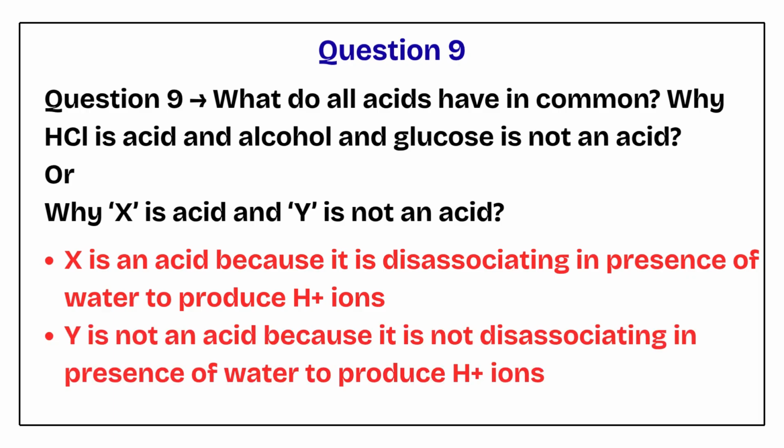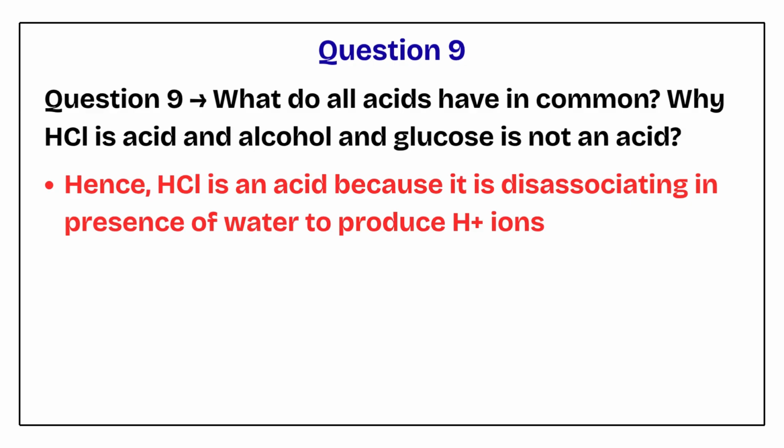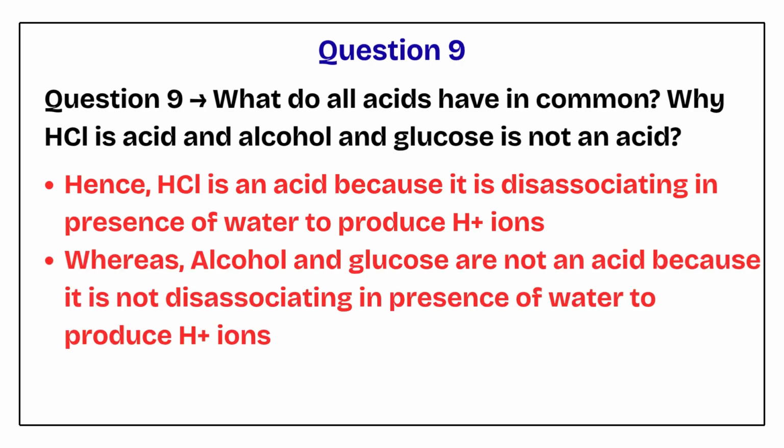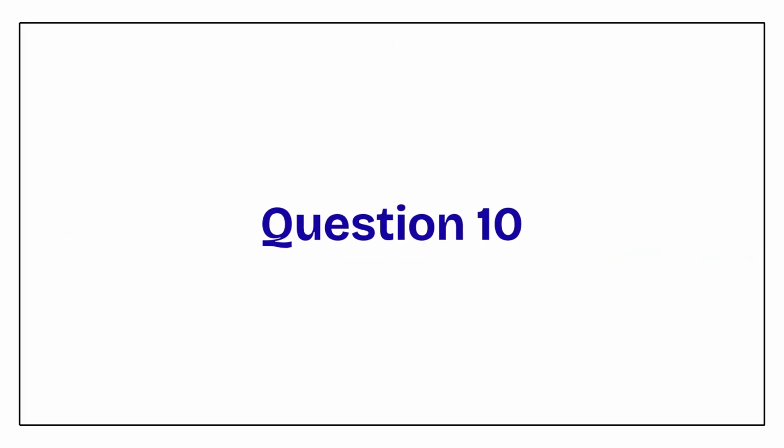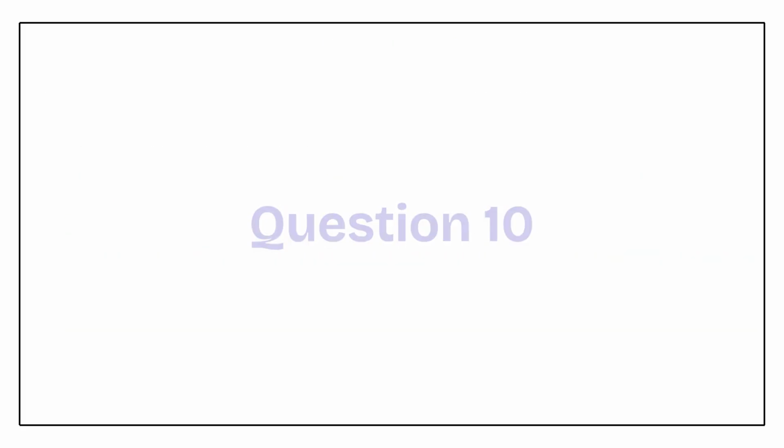And Y is not an acid because it does not dissociate in the presence of water to produce H+ ions. Hence, HCl is an acid because it dissociates in the presence of water to form H+ ions, and alcohol or glucose is not an acid because it does not dissociate in the presence of water to produce H+ ions.